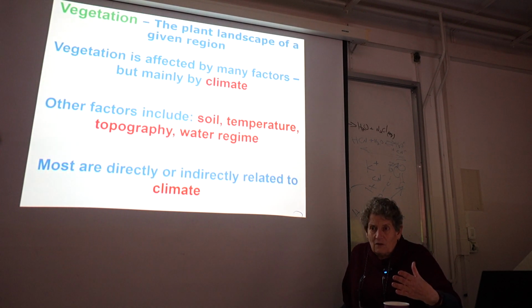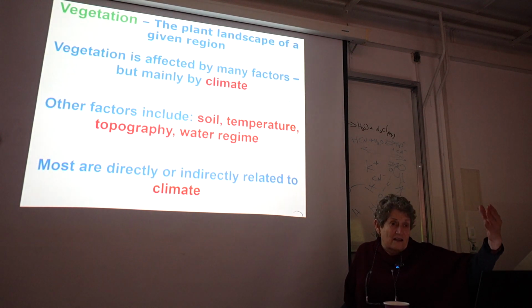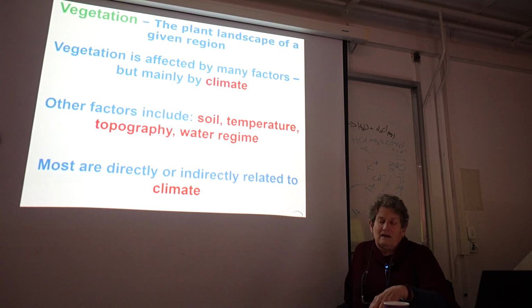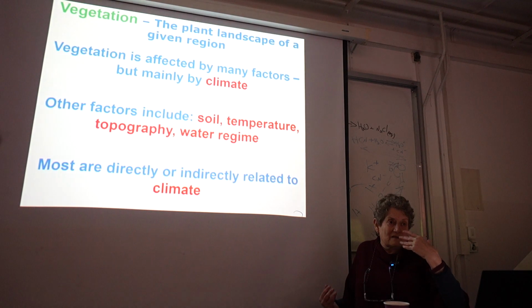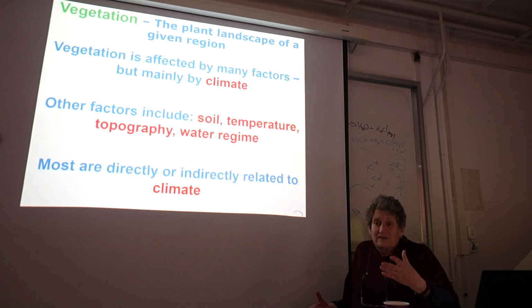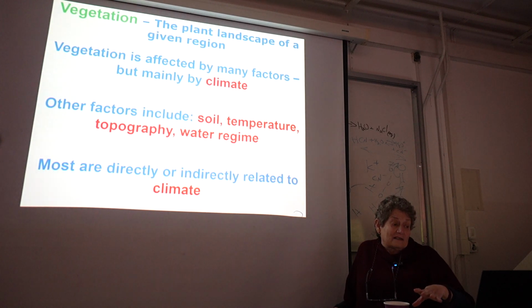Obviously, there are also other things. We can see, for example, the difference between northern and southern slopes. In this region, it's very obvious. On the northern slope, there's a lot more vegetation because the water regime there is better, and the sunlight is not so strong and it's not so hot.